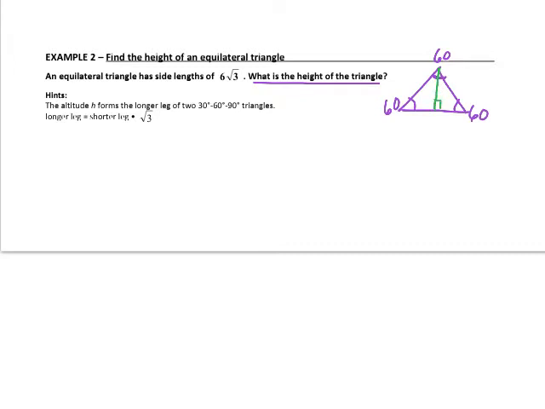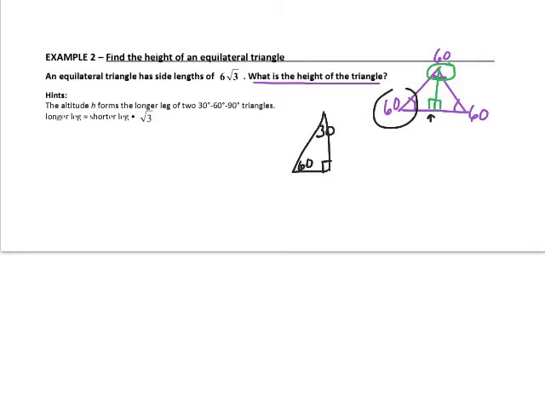Okay, if I have a 90-degree angle there, and I've split this angle up here into 2 equal parts, now I actually have 2 of these. I have a 90 here, right, because of the height coming down. I have a 60-degree angle here because this angle was 60, and I have a 30-degree angle up here.